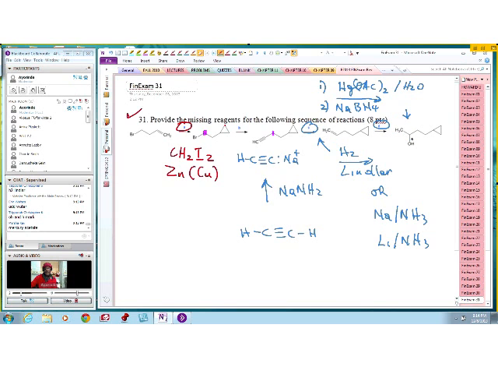So that will give you the Markovnikov addition of water across this carbon-carbon double bond, in which case the hydrogen goes here, because it is a Markovnikov addition, in which the hydrogen goes to the carbon that contains more hydrogen, and the hydroxide goes here. The hydroxide in this case goes to the carbon that contains less hydrogen. You could also use sulfuric acid in water for the same reaction.